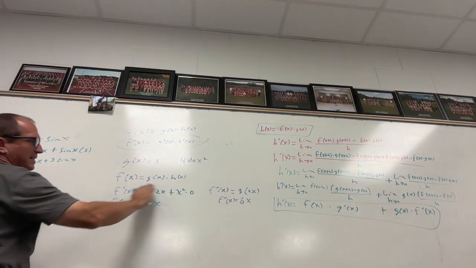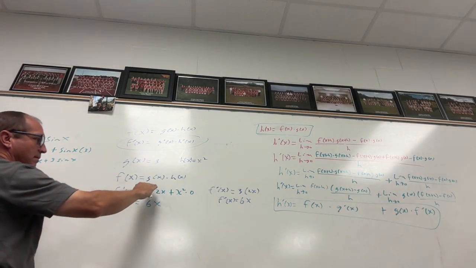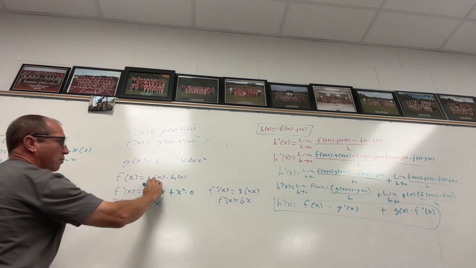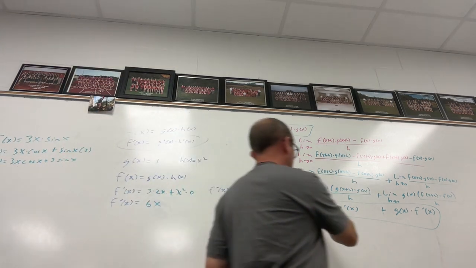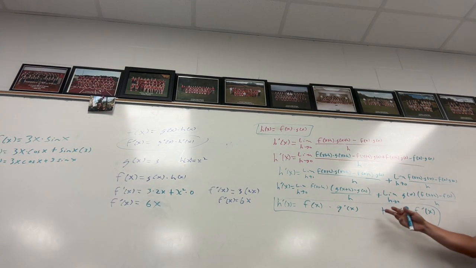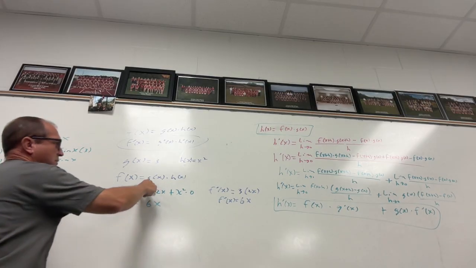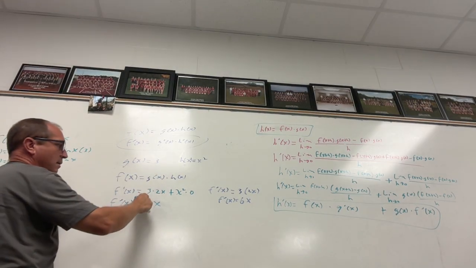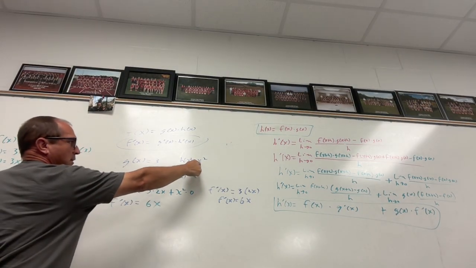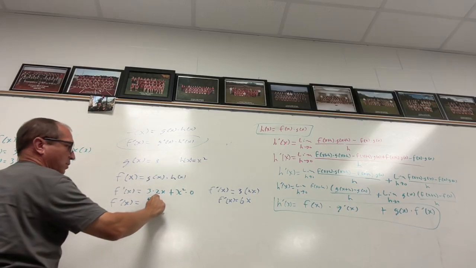Now, we take the same problem here and we prove it with the product rule, which is the first times the derivative of the second plus the second times the derivative of the first. We know the first term is 3, and the second function has its derivative 2x.